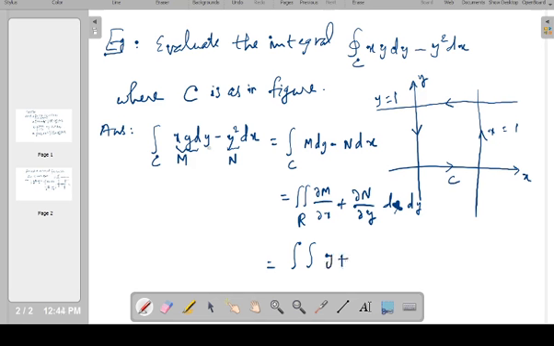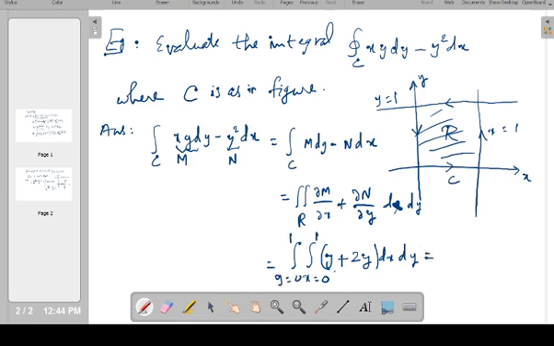What is dou N by dou y? It is 2y, so 2y dx dy. So what is this R? This R is the region that lies inside C. So this portion is your R. So here x varies from 0 to 1, y varies from 0 to 1.